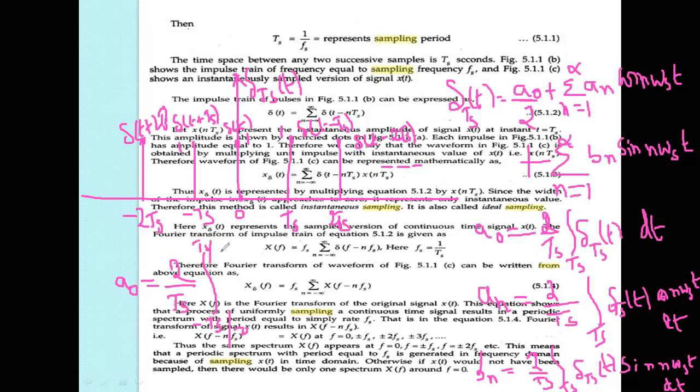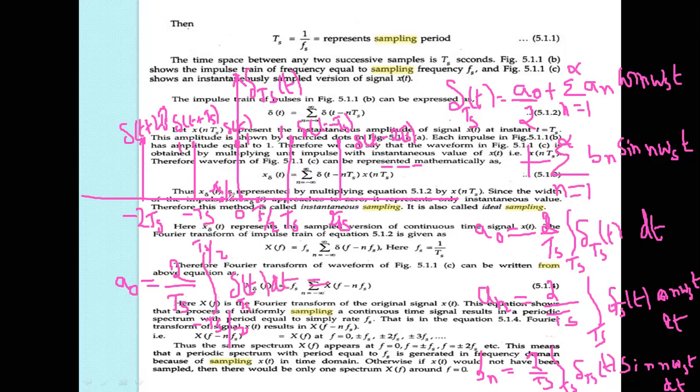In this range, delta Ts of t dt is equal to, what is the value here?